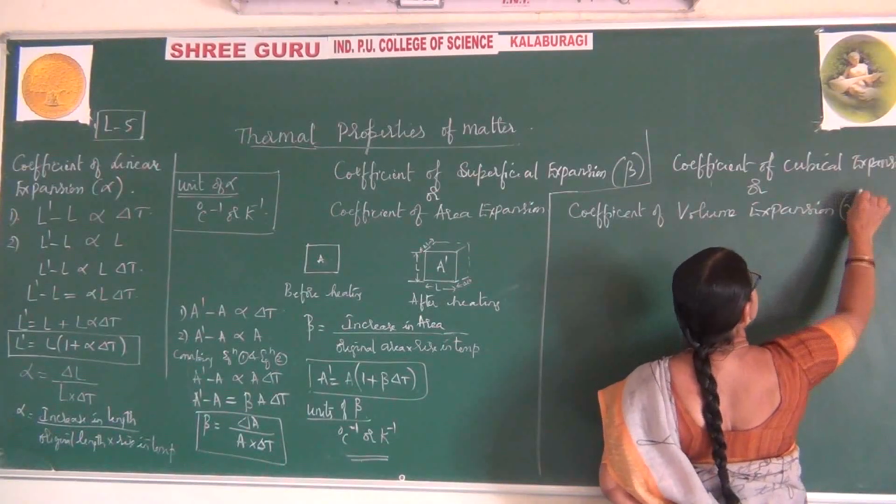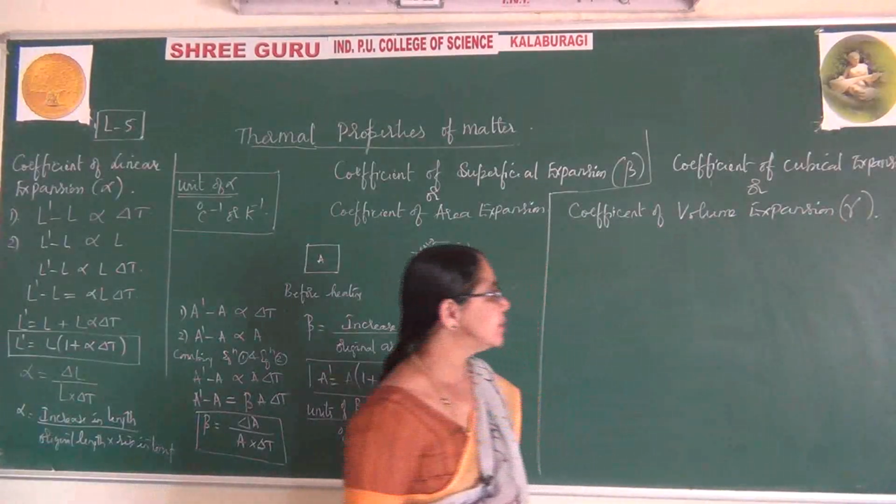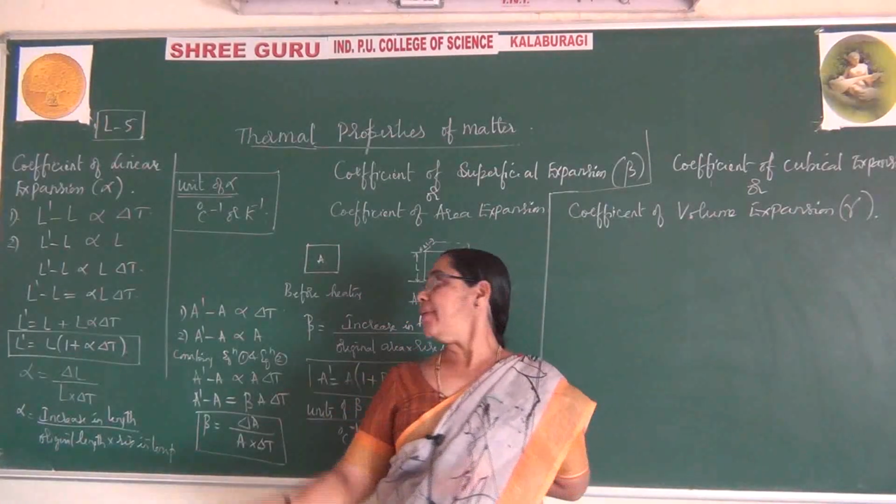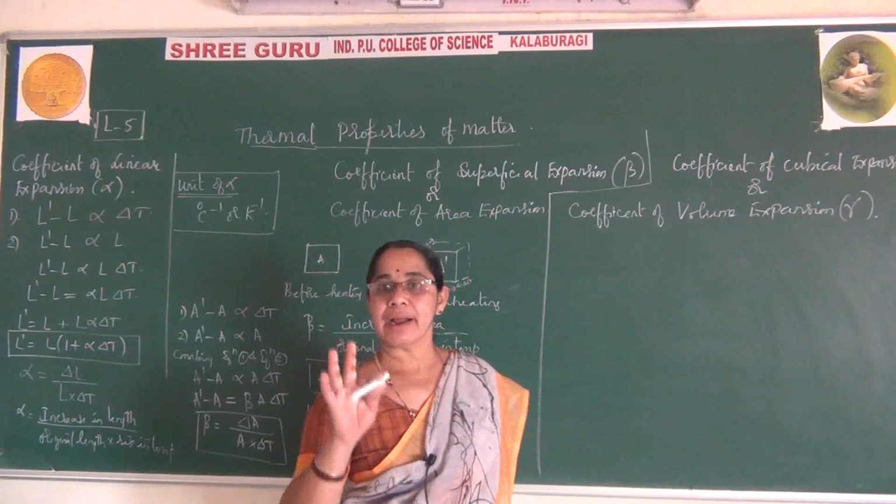The symbol is gamma. Already we have written alpha, beta, and now we are writing gamma, right?